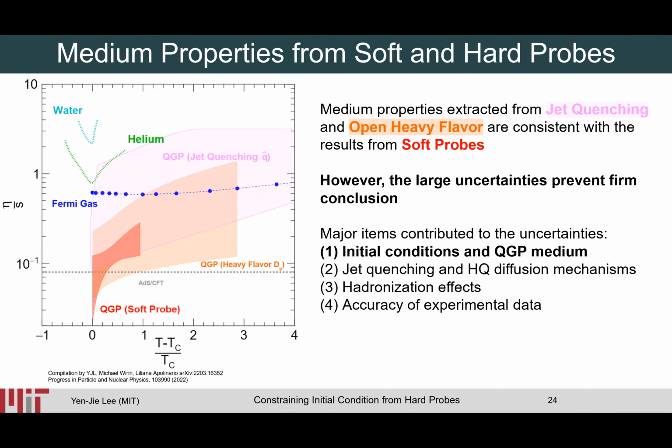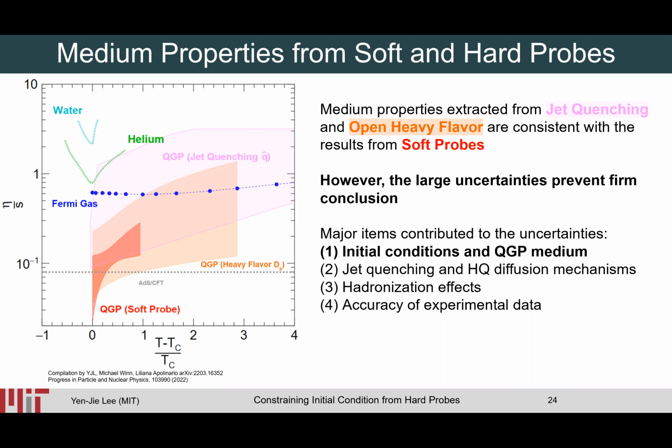So you can see if we use a model dependent translation of the jet quenching parameter into the heavy flavor diffusion constant, essentially we arrive at this picture here. This is the eta over s extracted from soft probes, and largely they are consistent with each other, but the actual values differ by one order of magnitude. So essentially, we have no information. Why is this happening?